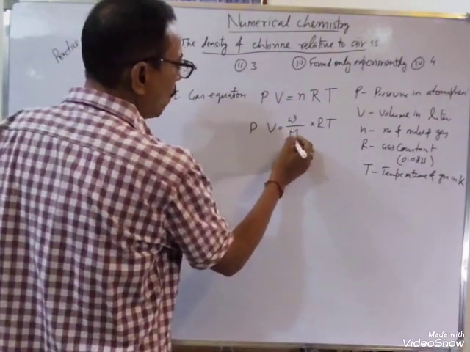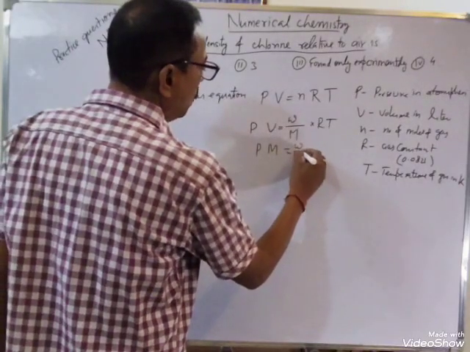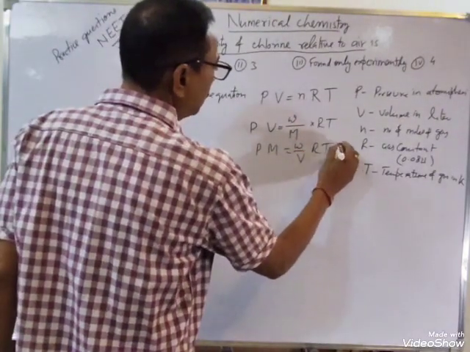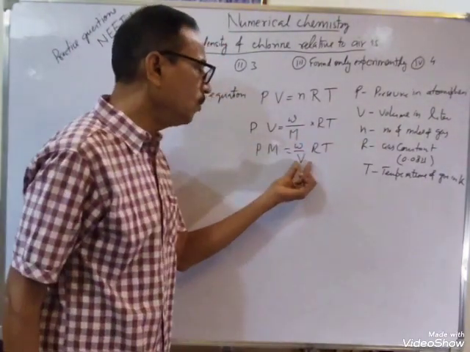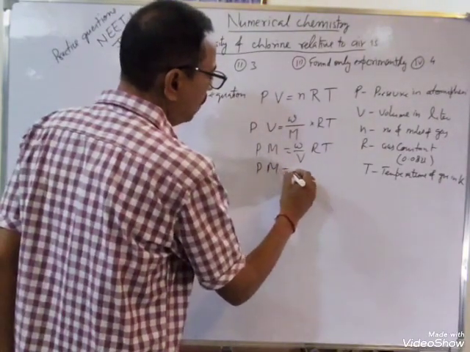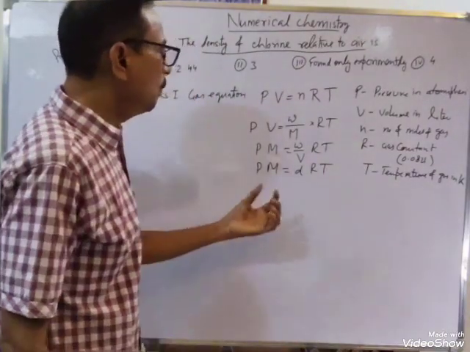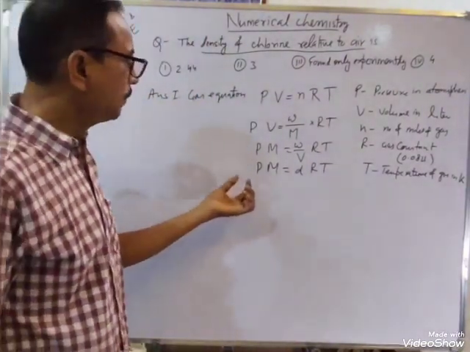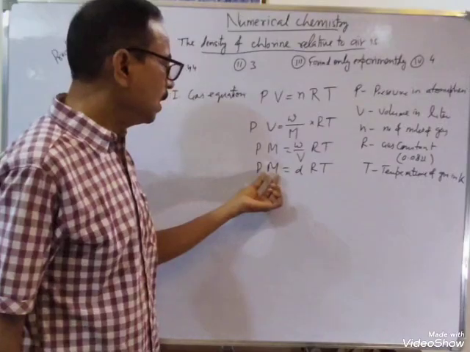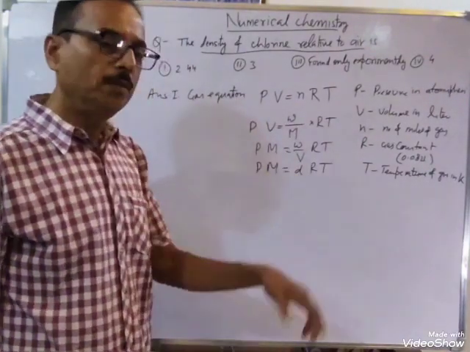So we take mass here: PM equal to W by V RT. Weight by volume is the density. So pressure into molecular weight equal to dRT. From here it is clear, molecular weight is directly proportional to the density of the gas.